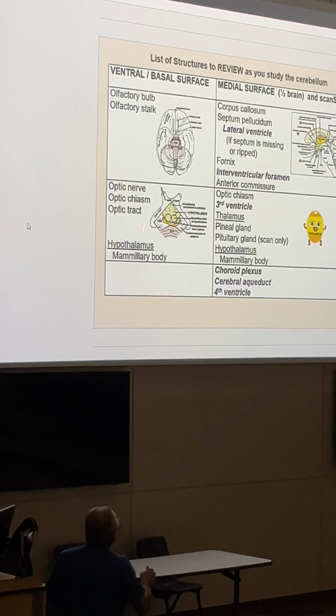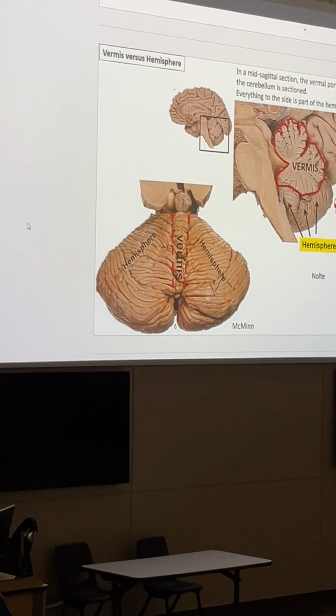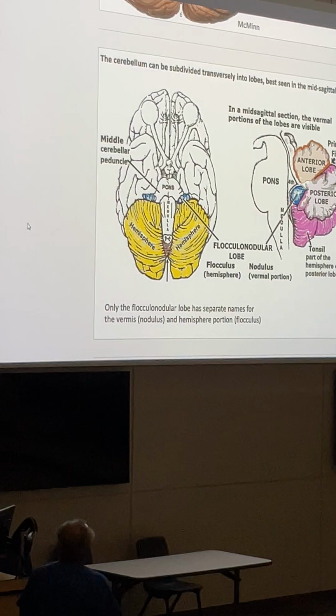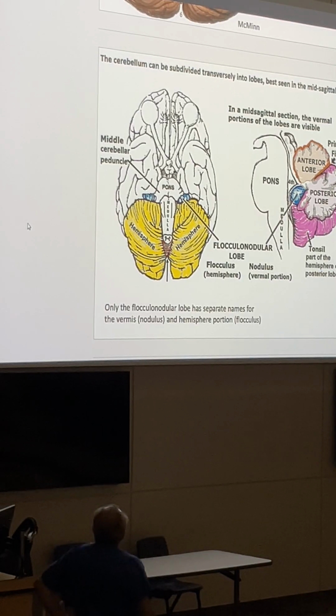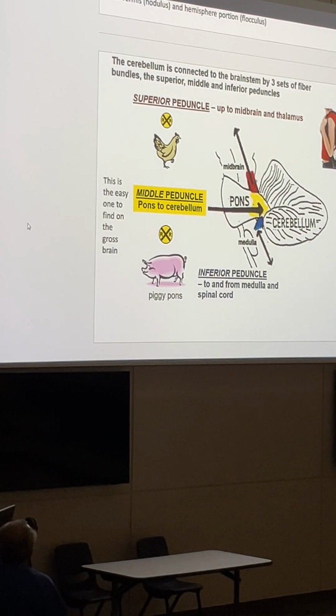Surrounding circle of Willis structures. Hypothalamus. Flocculonodular lobe, flocculus and nodulus. Superior, middle, and inferior cerebellar peduncles.